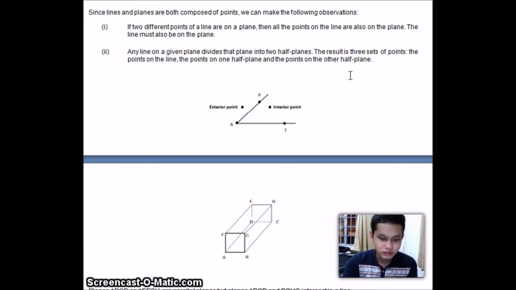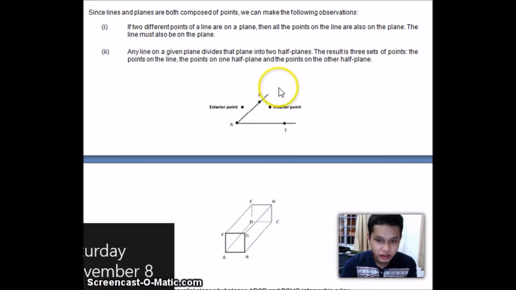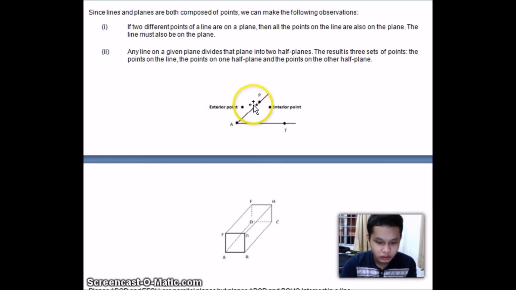The meaning of this sentence is, if any line divides the plane into two planes, there are always 3 sets of points. That is, the points on the line is A, the points on one half plane is B, and the points on the other half plane is T.